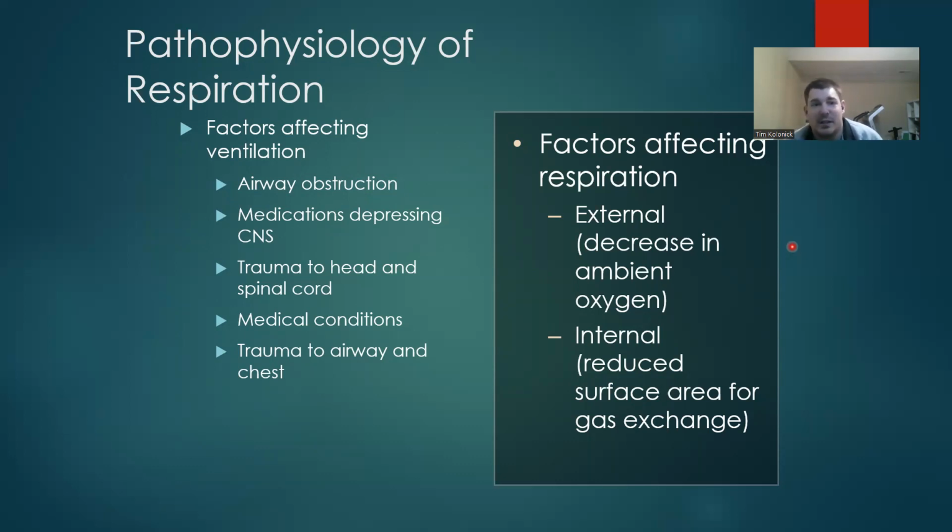Okay? If we get some trauma, especially to the brainstem area, that might cause an issue with breathing appropriately. Okay? Medical conditions, i.e. like a stroke or seizure, something like that might cause, especially if it happens in that breathing center in the medulla area of the brainstem, we might not be breathing appropriately either.